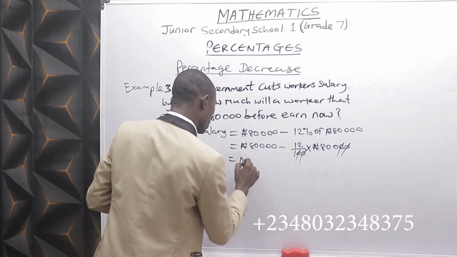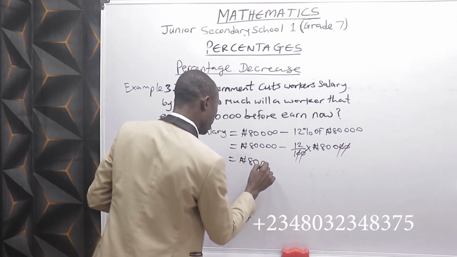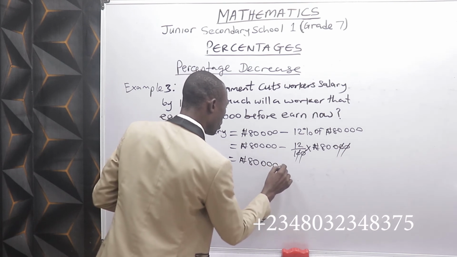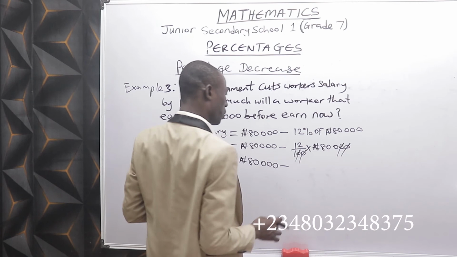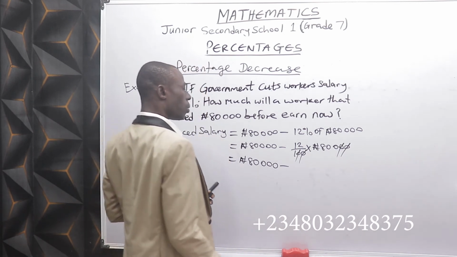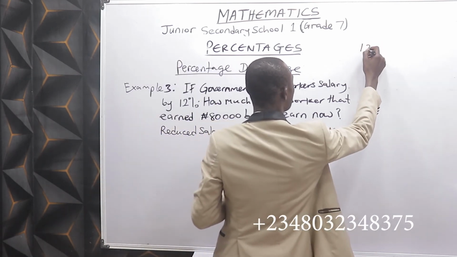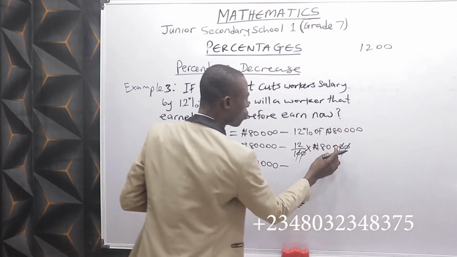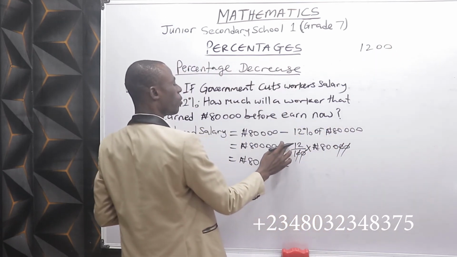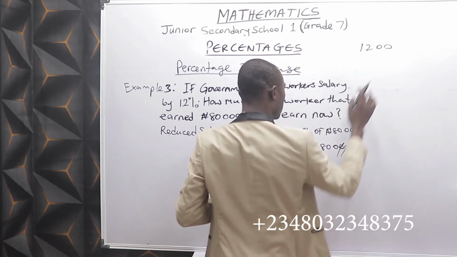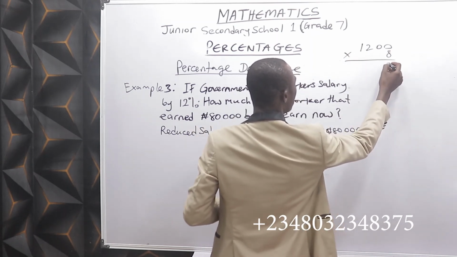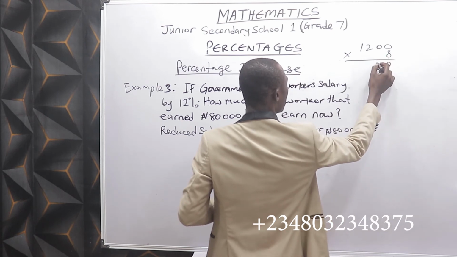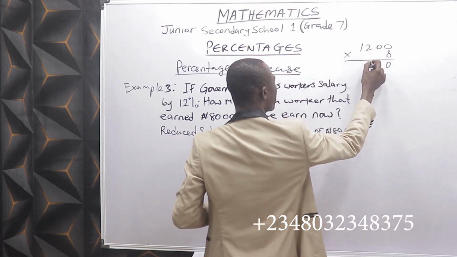So 80,000 minus 12 times 800. See the method. 1, 2, 0, 0. Put these two zeros at the back of the 12. We have this. So the remaining 8, use it to multiply. 8 times 0 is 0. 8 times 0 is 0. 8 times 2 is 16.